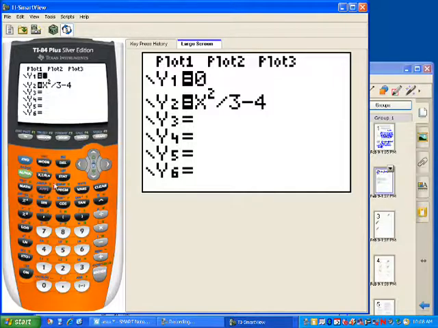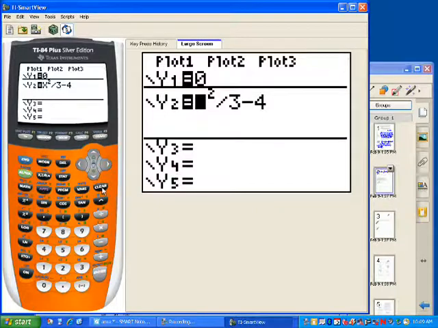Okay, for y equals, you can put 0 in for one of them if you want to. It's up to you. I'm going to leave that 0 right where I have it. I'm going to change my bottom one to the cubic.